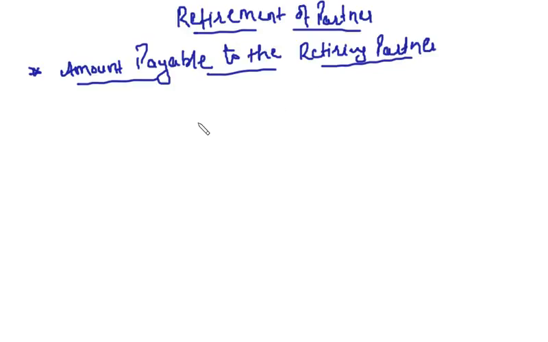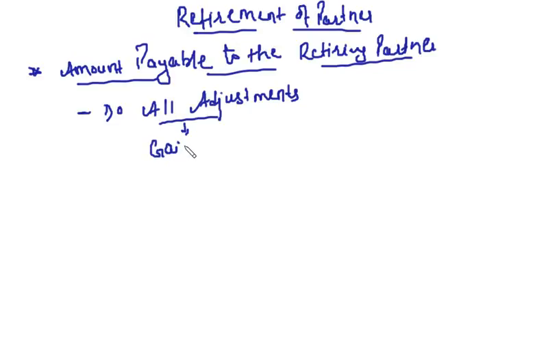For that I told you various steps. I told you to do all adjustments. What do you mean by all adjustments? Calculate gaining ratio.